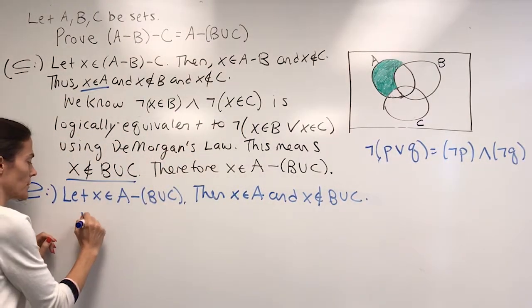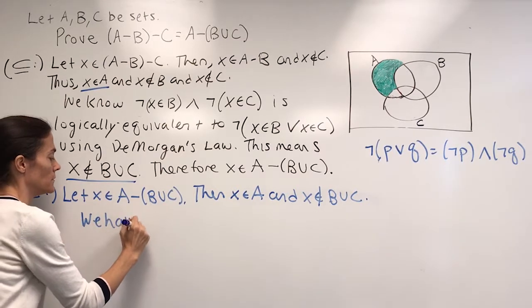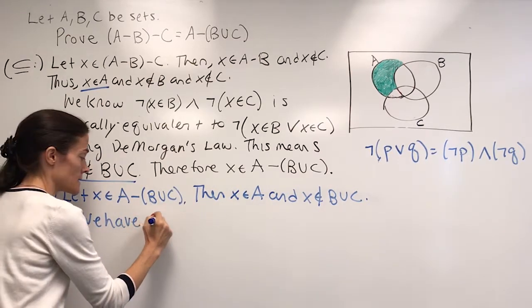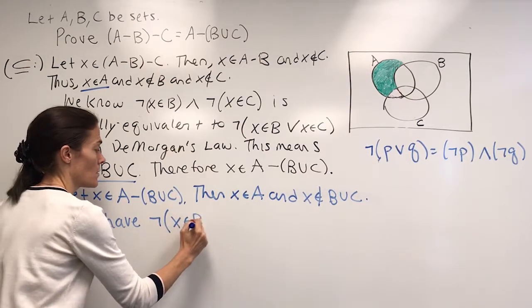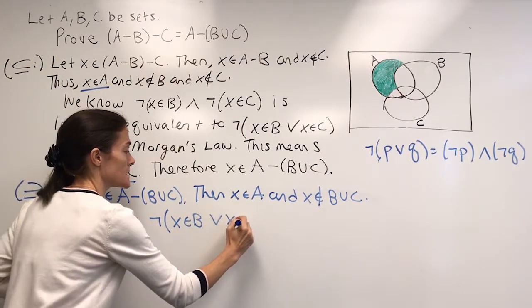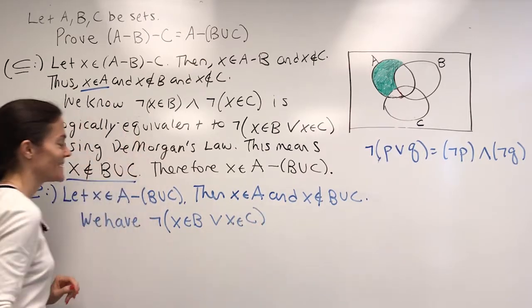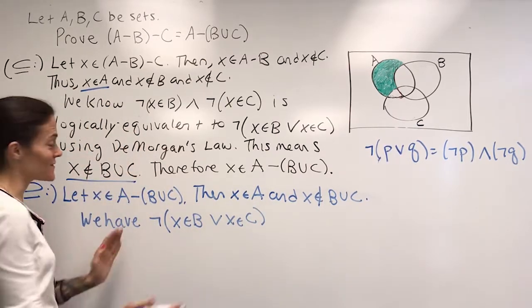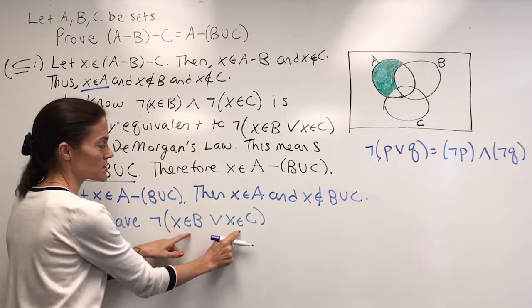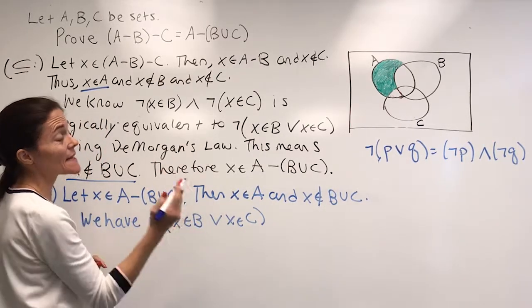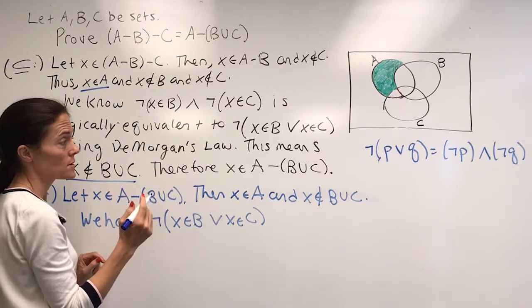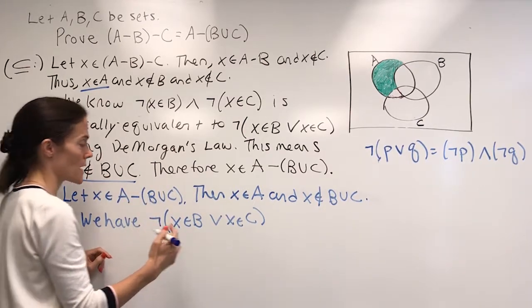So we have, it's not the case that X is in B or X is in C. This is the definition of not being in a union. Here's the union, okay? Again, I'm using the exact same De Morgan's law. I'm just going in the other direction.